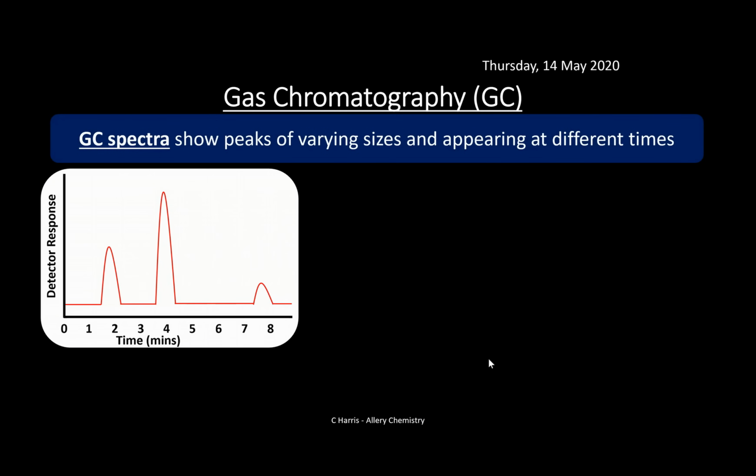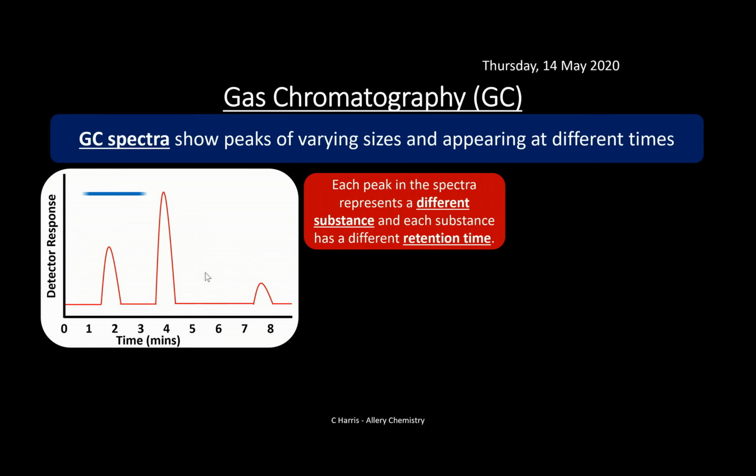Okay, so let's have a look at the spectra that we actually produce. As you can see, it shows peaks of varying sizes and they appear at different times. Here we've got our time at the bottom, which is time in minutes, and we've got our detector response, and here's our chromatogram, gas chromatography. Each peak in the spectra represents a different substance, and each substance has a different retention time.